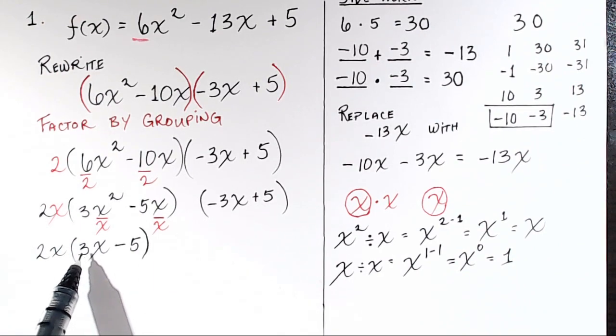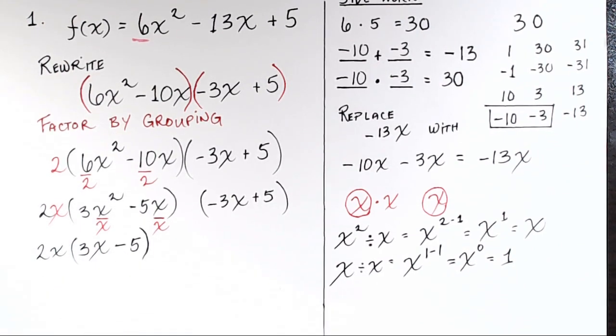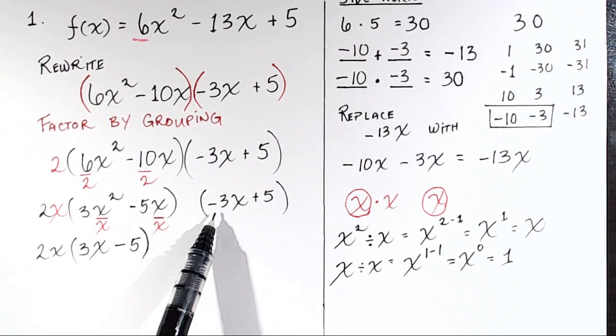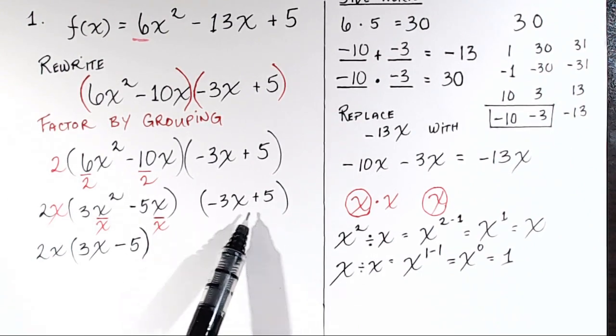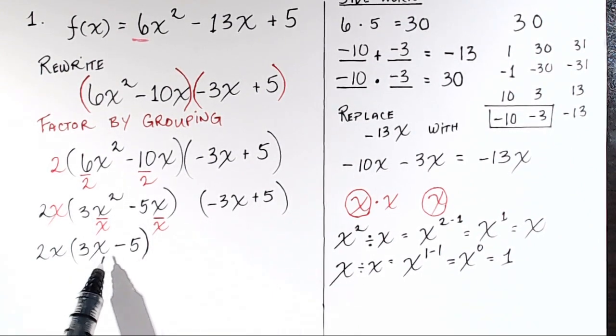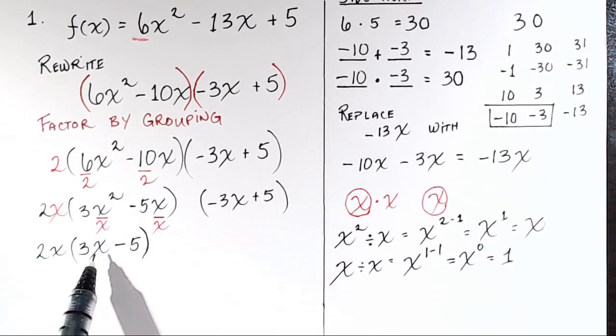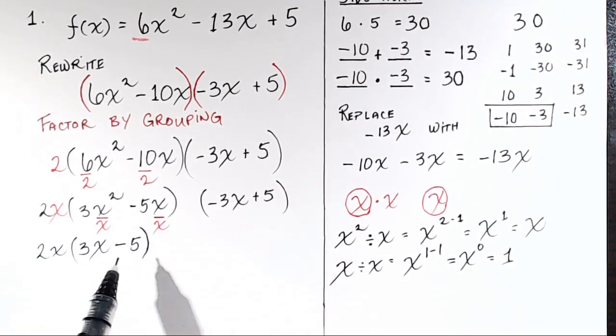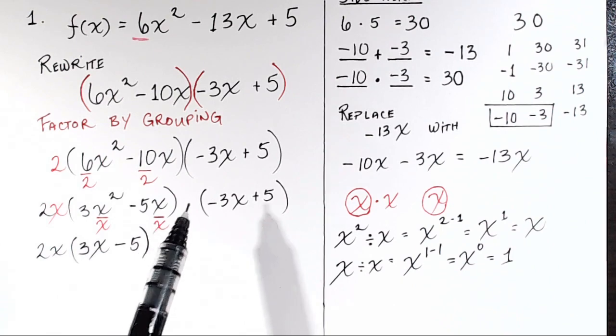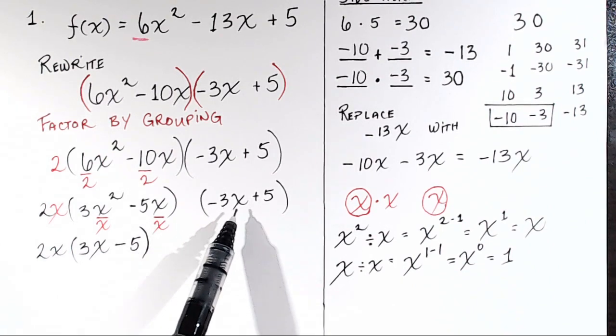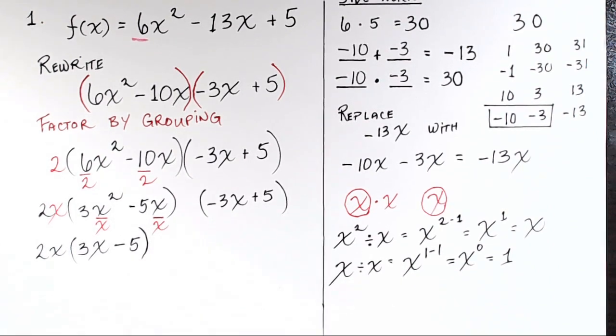Right here I have 3x minus 5. And I want this term to be just like this term. I want these two terms to be the same. See this binomial 3x minus 5? Here I've got negative 3x plus 5. I want it to look just like this term.